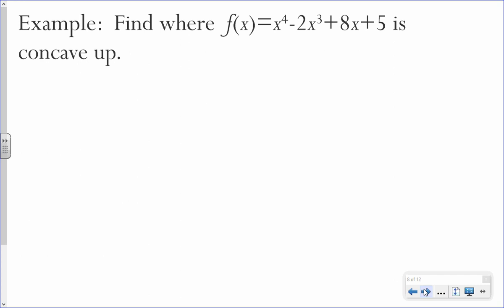Okay. My example says, where is it concave up? But we're going to find all of it anyway, so just write the equation down. Okay? And once you get the equation down, I would like you to find the first and second derivatives, please.